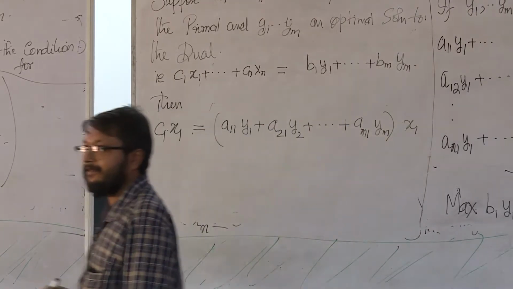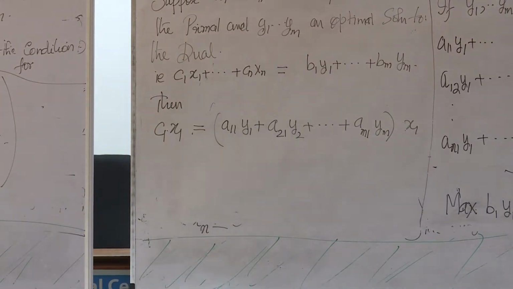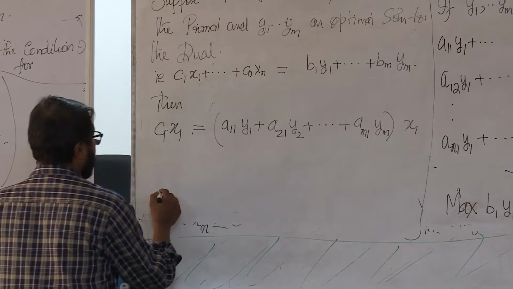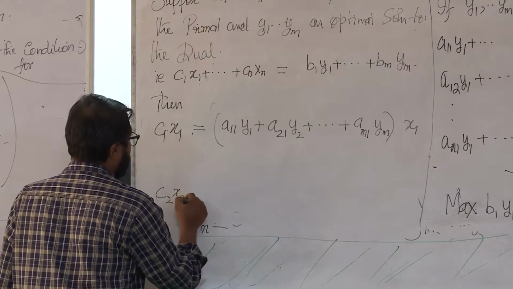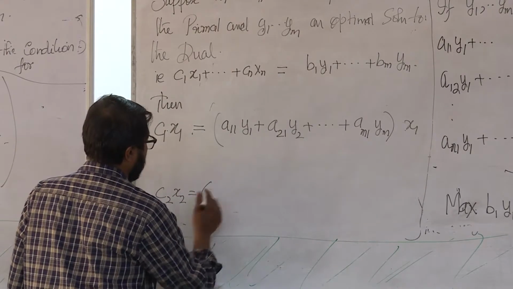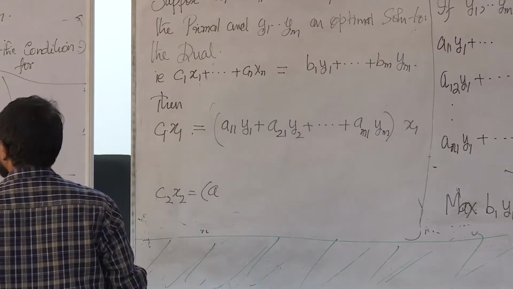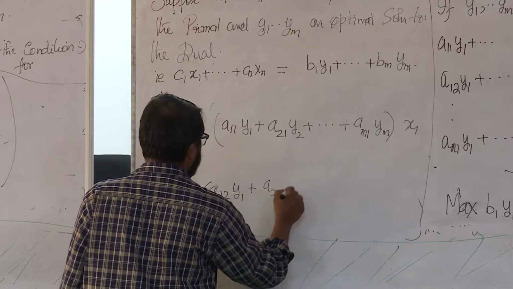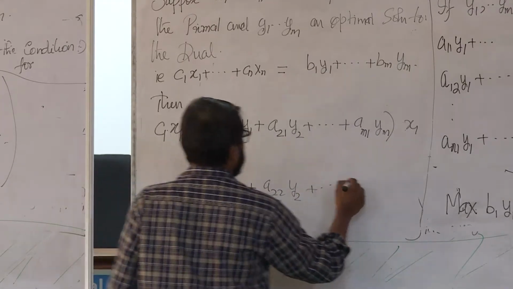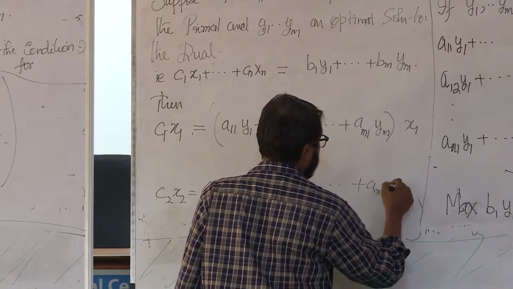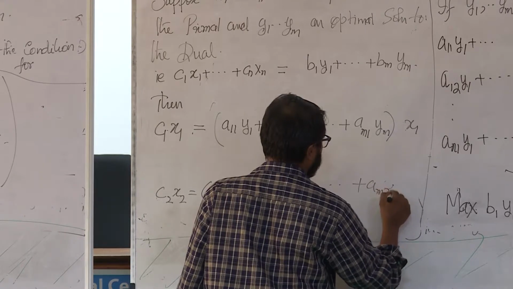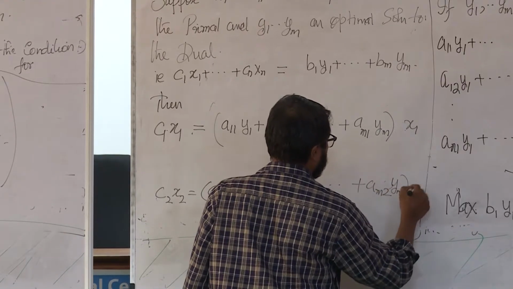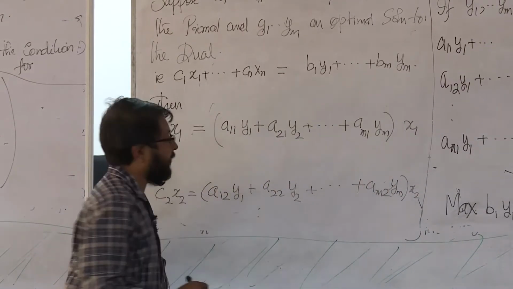Similarly, I have an equation. C2 x2 should be equal to a12 y1 plus a22 y2 plus am2 ym, times x2, and so on. I will get a sequence of equations.